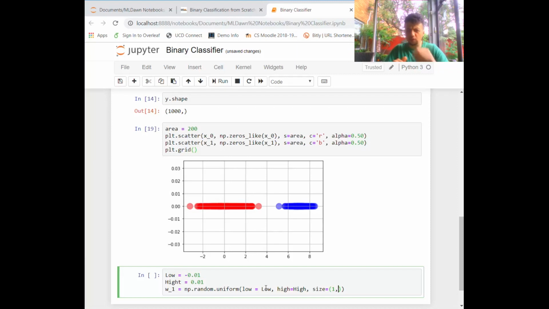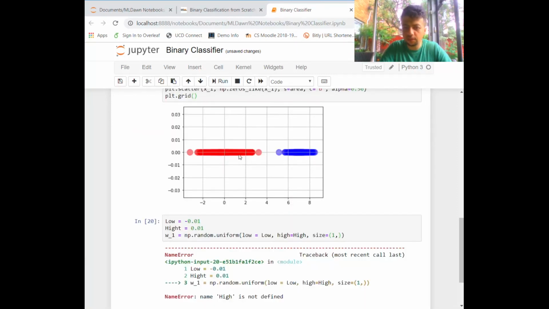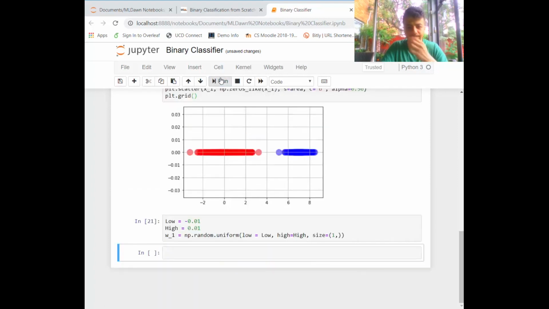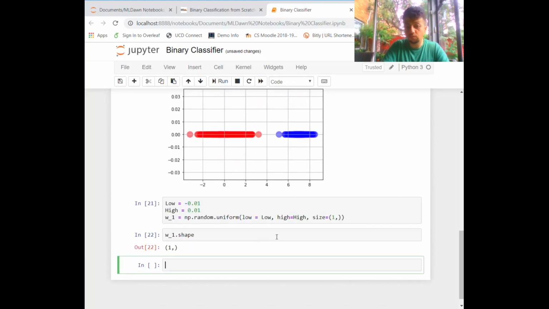Actually, I don't know whether you actually need that comma or not. Let's just run this first. Oops, an error. Yeah, because I meant high, so this T is extra here. Perfect. Now, just out of curiosity, if I look at the shape of W1, the shape is 1.